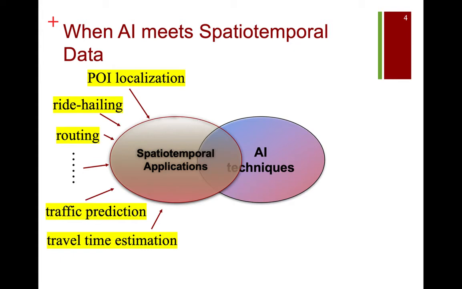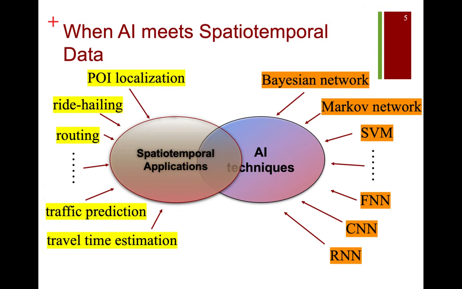In terms of the AI techniques, you may have heard about the Bayesian network, Markov network, and support vector machine, and different kinds of neural networks. Some of you might have prior knowledge about these kinds of techniques, and some of you might not, but it's fine.